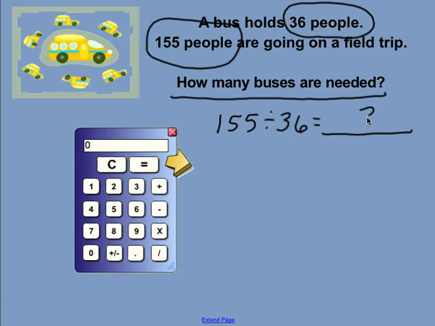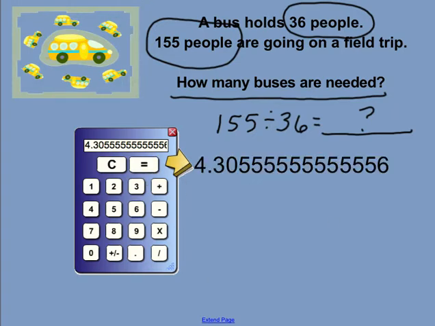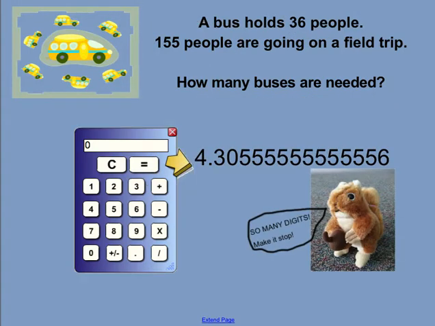Let's use our calculator to figure that out. Oops, let's try that again. That's what the clear button's for. Oh my goodness, there's so many digits, Mr. Nutty. I know. It's okay.